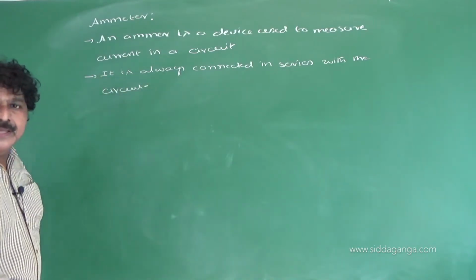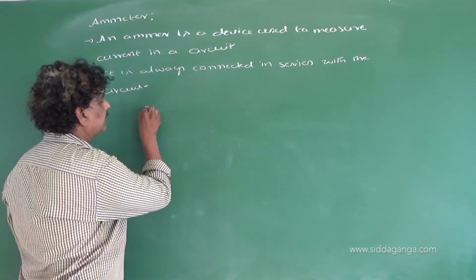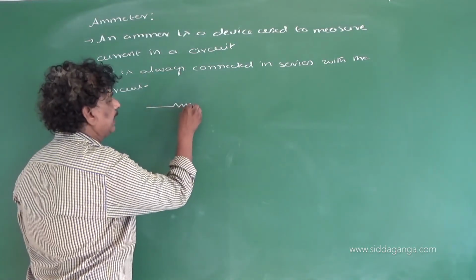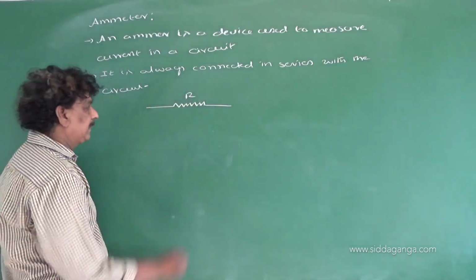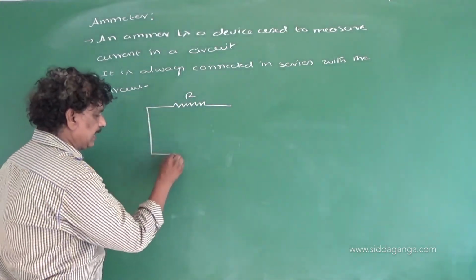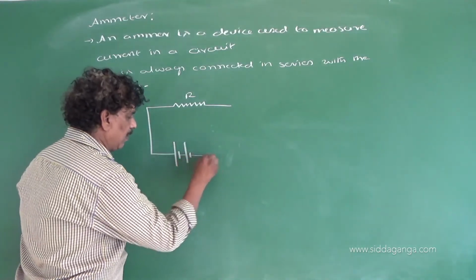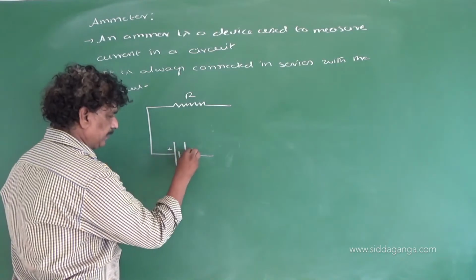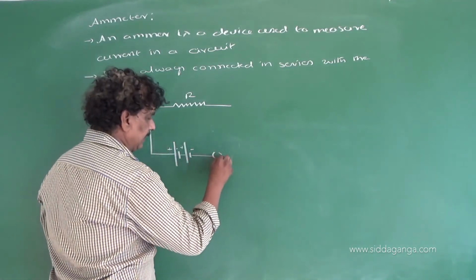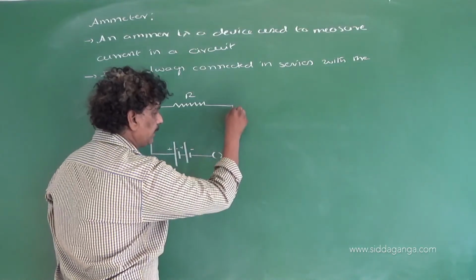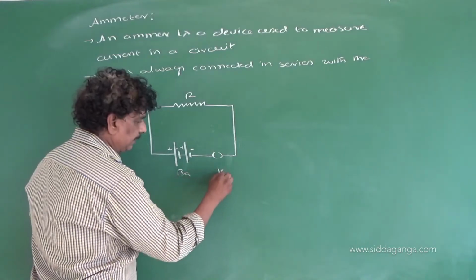Now suppose we have a circuit, say a resistance R connected to a cell or a battery, with a plug key.